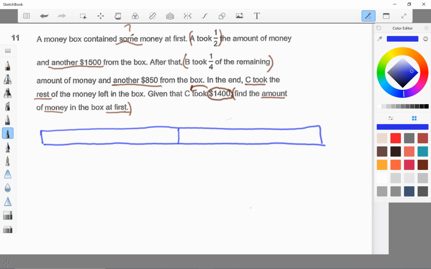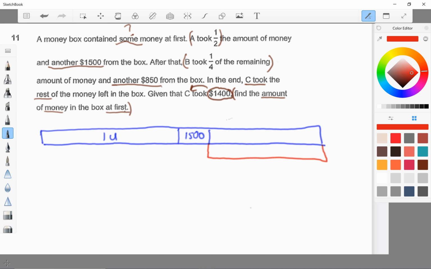So A took half. So I have 1 unit and at the same time another $1,500. So I'll include 1,500. And there we have it. So this means that the red color rectangle will be our remainder.